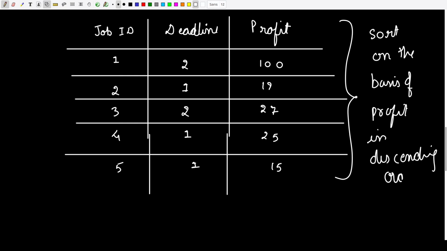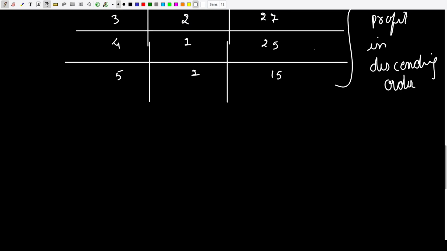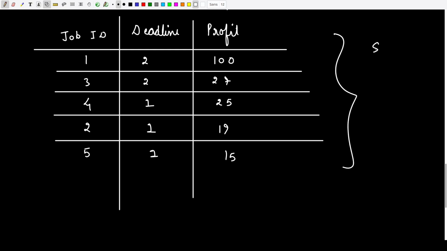Why descending order? Because we want to operate on maximum profit first, and then move towards minimum profit. So let us sort it on the basis of profit in descending order.